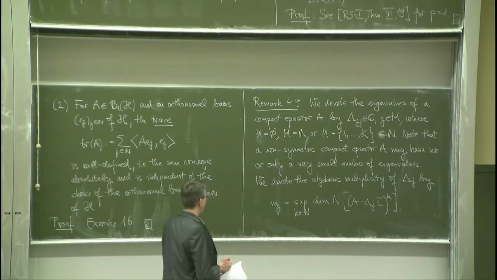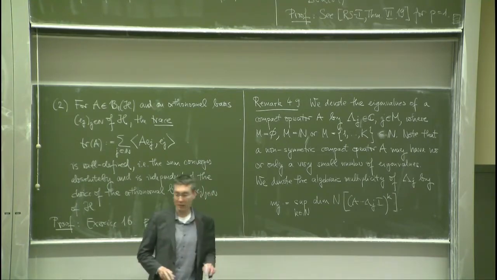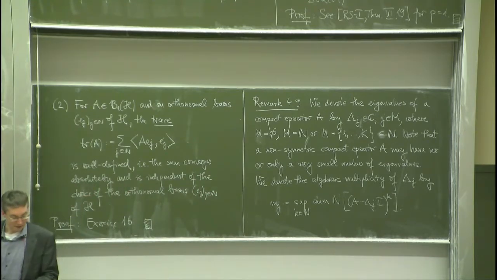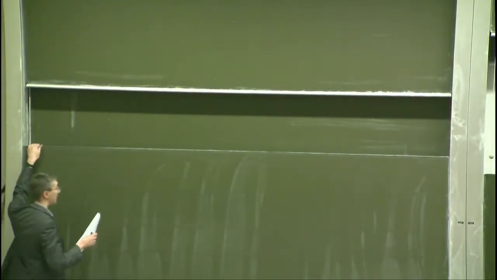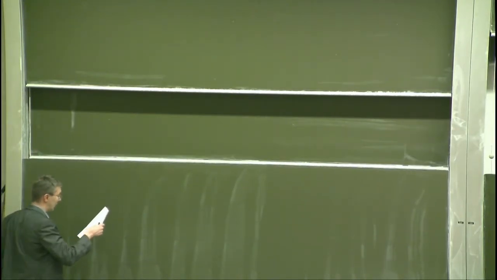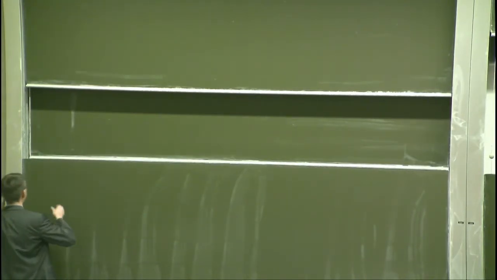And concerning this object, we have to explain some things. So let me clear the blackboard, and then we will understand why this makes sense. Concerning the algebraic multiplicity of such an eigenvalue, we can remark the following.